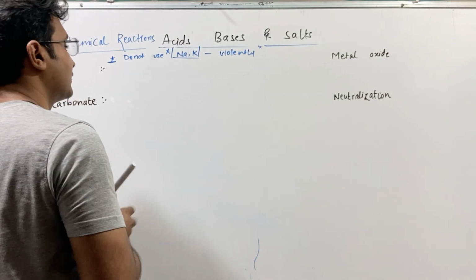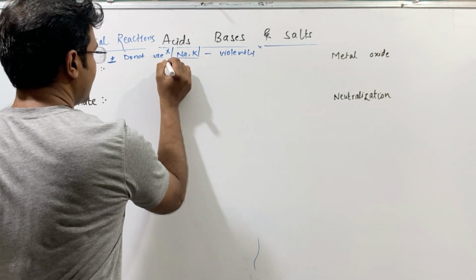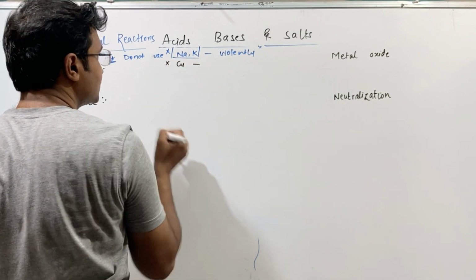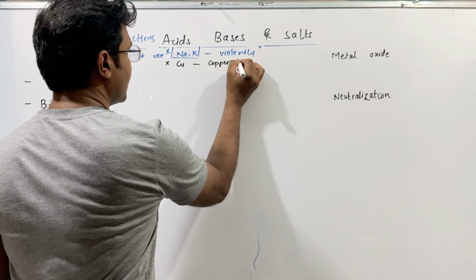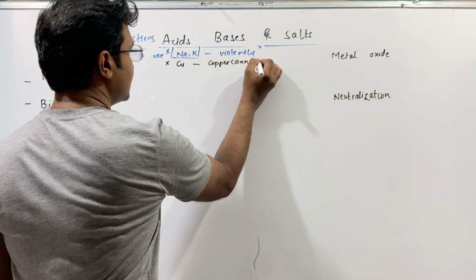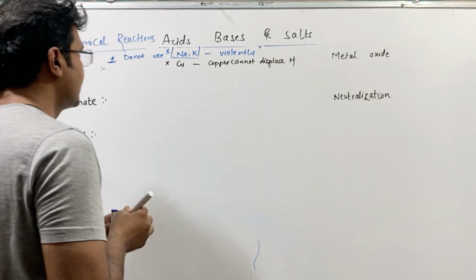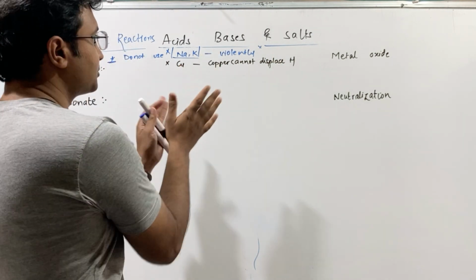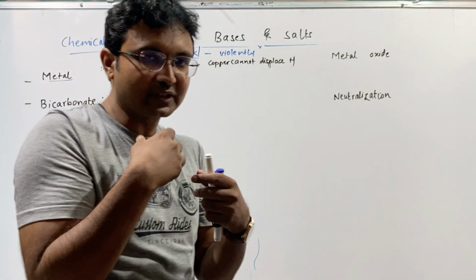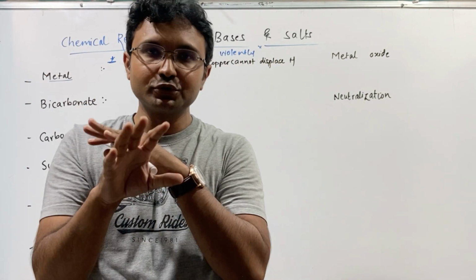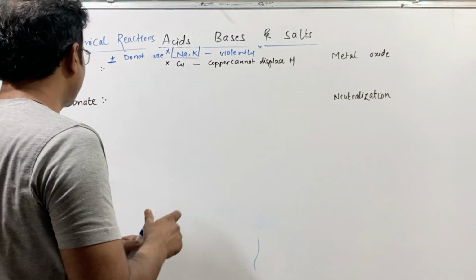Second thing, when you are giving this example, do not use copper metal because copper cannot displace hydrogen. Am I clear? So when I am writing this reaction, please be very careful that you must not use these 3 or 4 metals because they are highly reactive, and you don't use copper because copper cannot displace hydrogen. Alright, this much care must be taken.